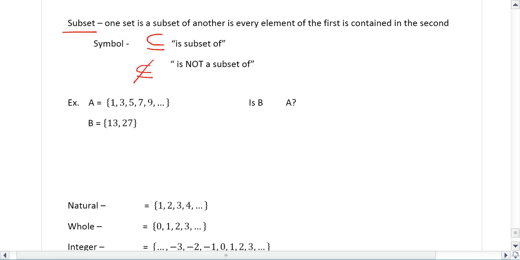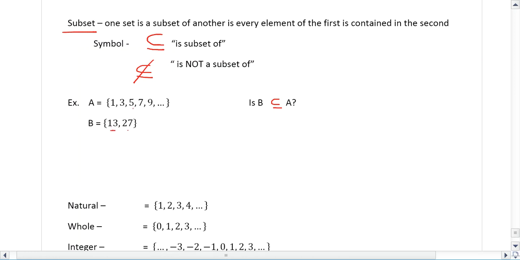So let's look at an example here. Set A, 1, 3, 5, 7, 9. This looks like the odd positive integers. And set B just has two elements in it, 13 and 27. I'm going to put the symbol in here to ask the question, is B a subset of A? So we look at B, 13.